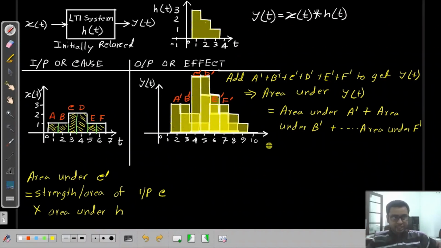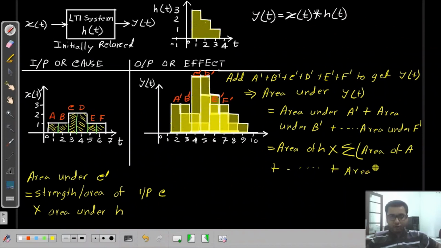So I can write it this way: area of h multiplied by the sum of the area of A plus area of B, C, and so on up to the area of F. Now this sum is nothing but the area under the input.